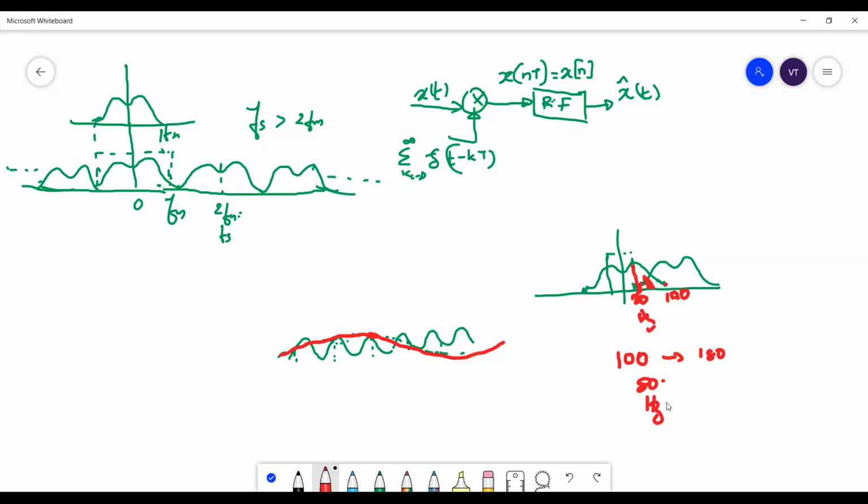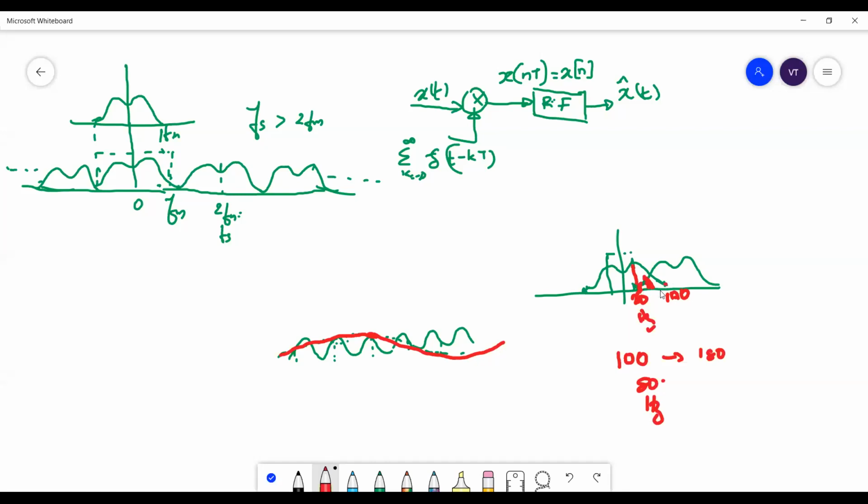Is it understood? A 100 hertz signal should be sampled at least at 200 hertz. Now, because it is sampled only at 180 hertz, there is an overlap of 20 hertz, right? It should have been sampled at 200 hertz, instead it's sampled at 180 hertz. Now, this will be overlapping by 20 hertz.